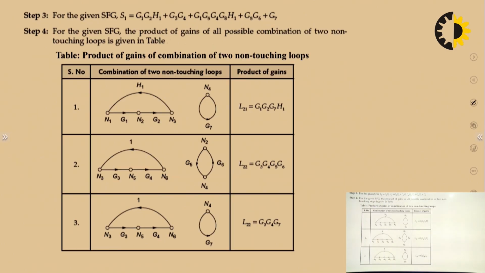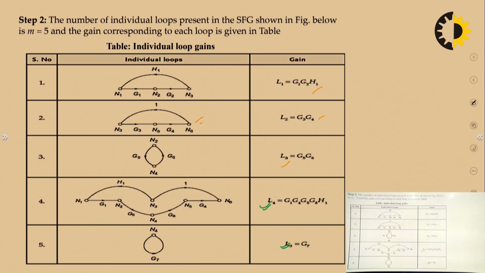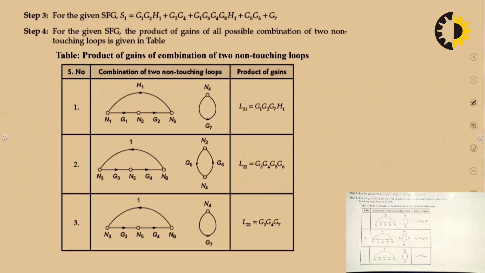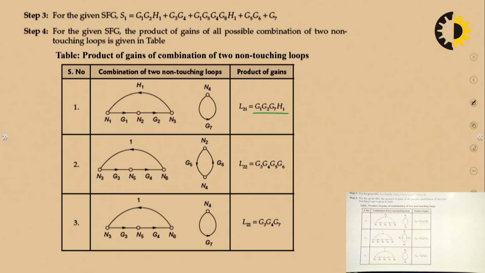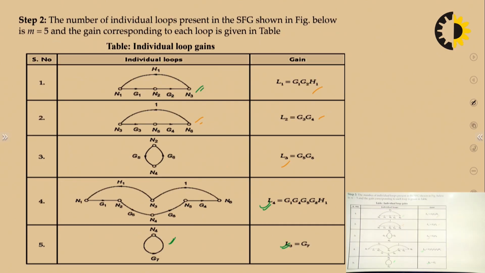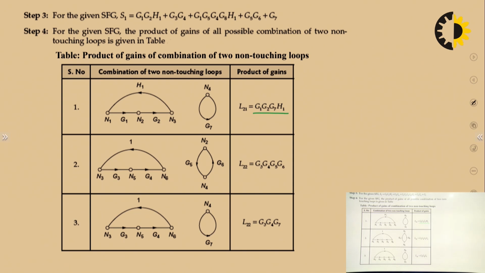Now we will see the combination of two non-touching loops. You can see this first one and this one are non-touching, so the overall transmittance of this is G1, G2, G7, H1. Similarly, the second one and this one are again non-touching, so this will become G3, G4 into G5, G6.